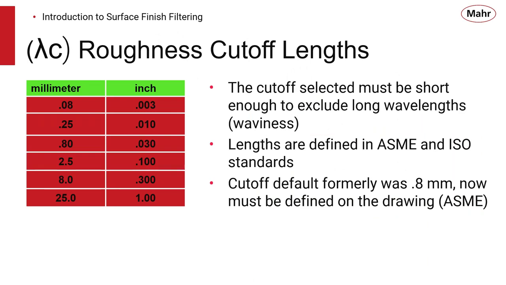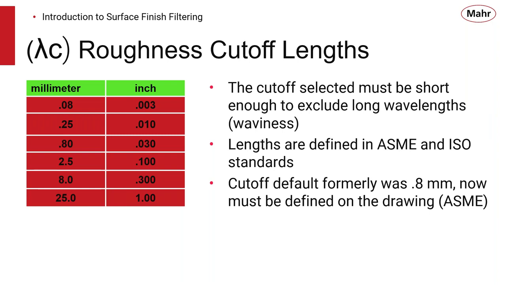Now, through the standards, there have been different cutoffs selected and established to exclude the longer wavelength or the waviness. And these are defined in various ASME standards and ISO standards. Typically the cutoff was defaulted to 0.8 millimeters.